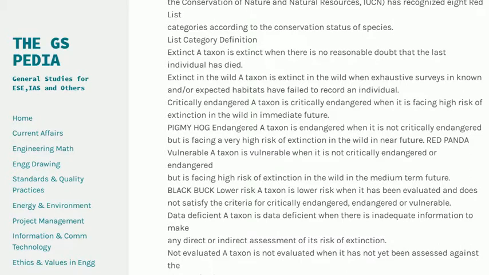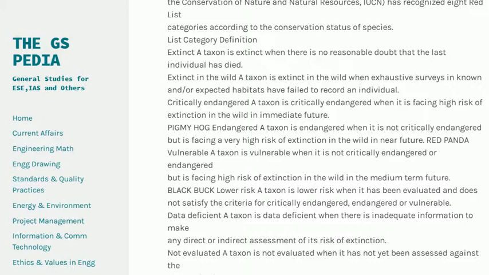Extinct: a taxon is extinct when there is no reasonable doubt that the last individual has died. Extinct in the wild: a taxon is extinct in the wild when exhaustive surveys in known and/or expected habitats have failed to record an individual.